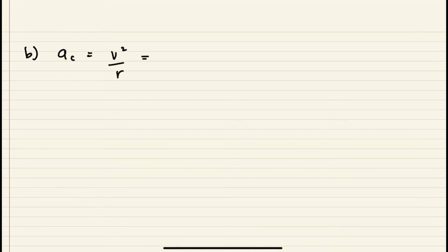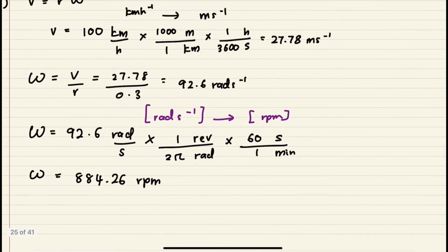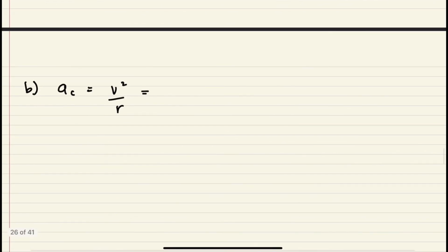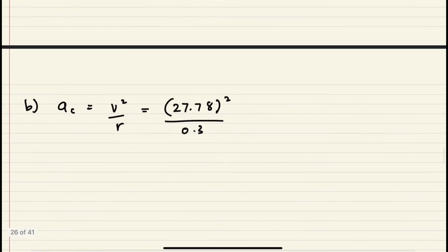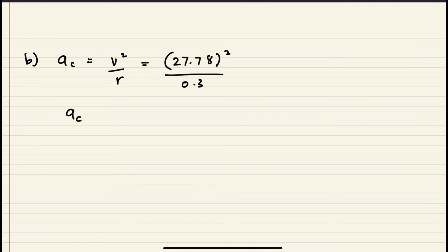I use everything in SI unit. So v in SI unit is 27.78, squared, divided by 0.3. Is it 0.3? Yes, 0.3 meter. So your a_c is 2572.43. Everything in SI unit, so linear acceleration is in m/s squared.